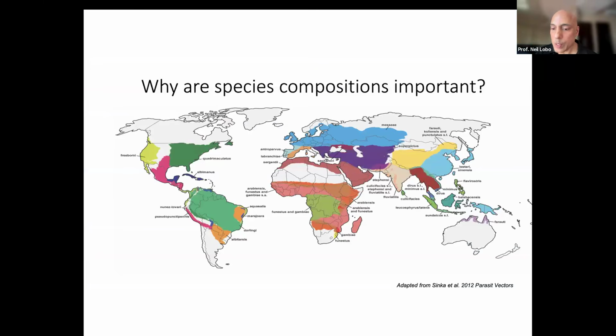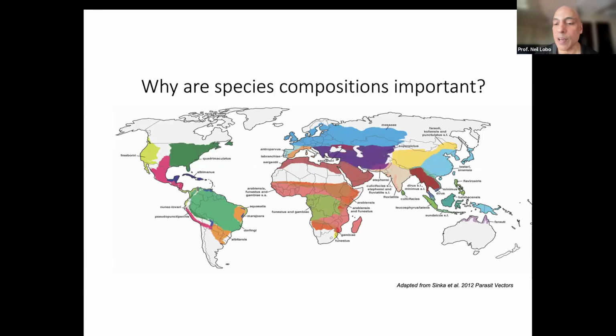And for example, this was a paper from 2012 from Marianne Sinka. And this maps the primary vectors in the world geographically. And if you look at this, and if you look at your site based on the data you know, this is probably not 100% accurate.